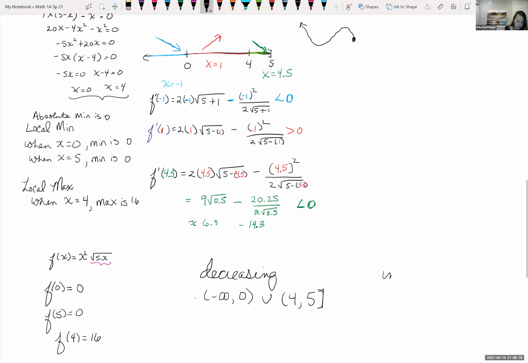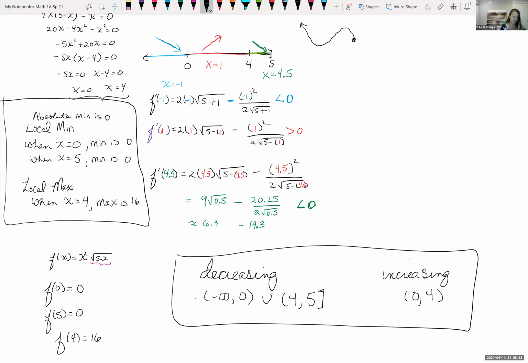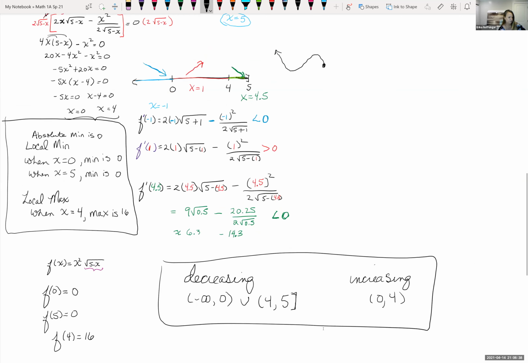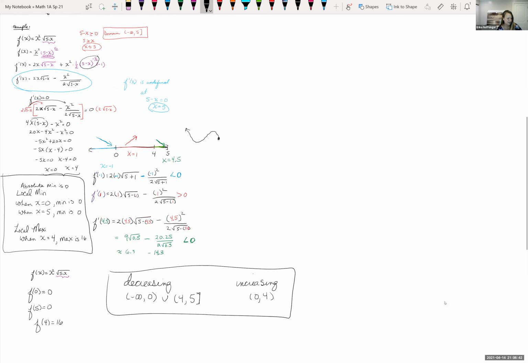And it's increasing in between 0 and 4. So that's a lot of work right there.